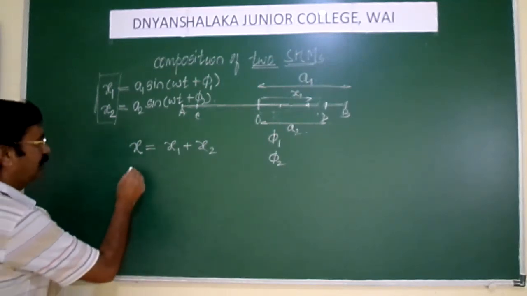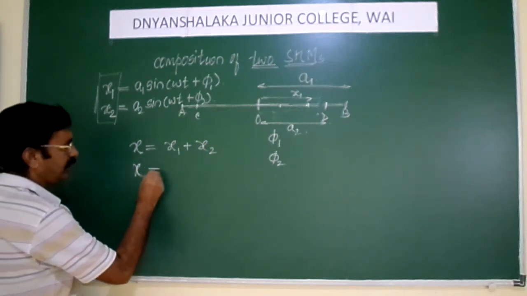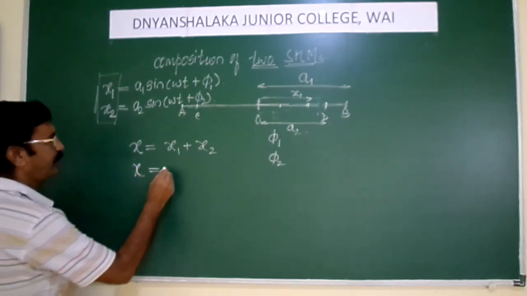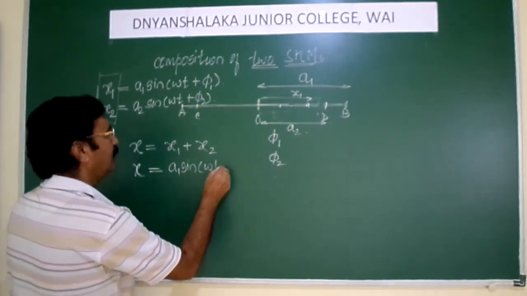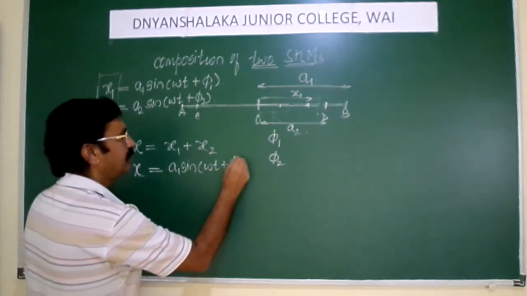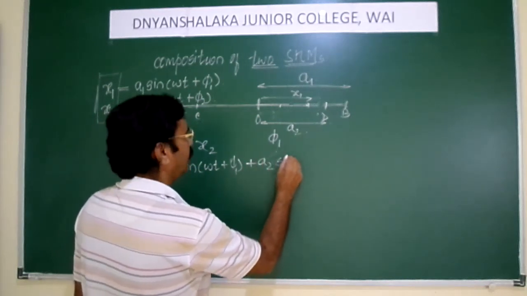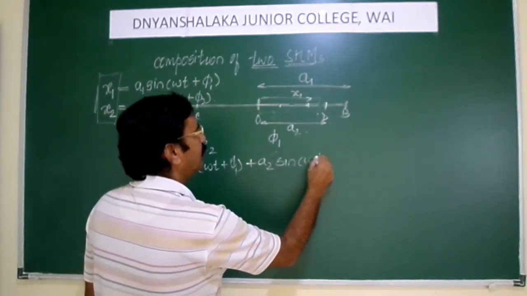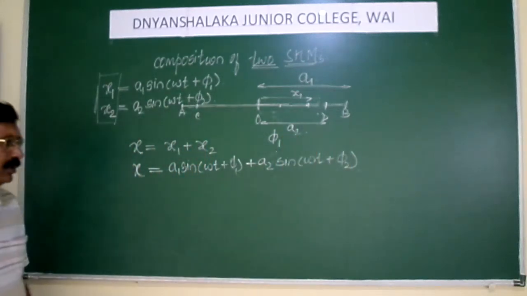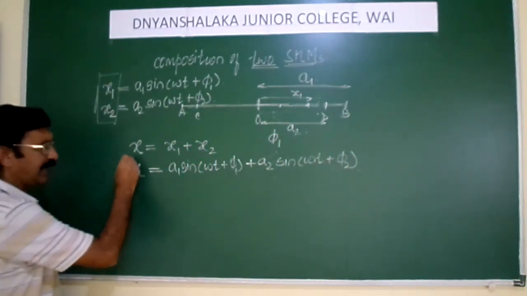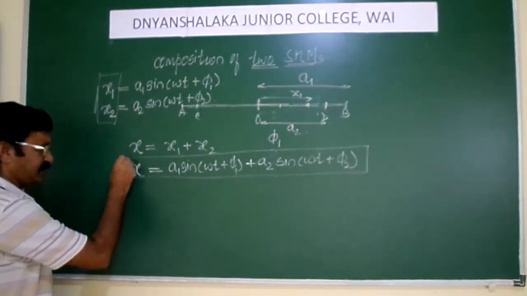And so the resultant equation for the displacement x will be a1 sine of omega t plus phi1 plus a2 sine of omega t plus phi2. So this will be the combined equation of two SHMs.